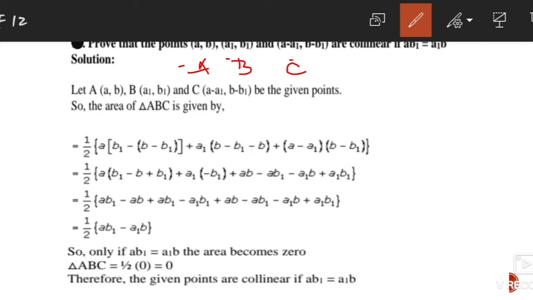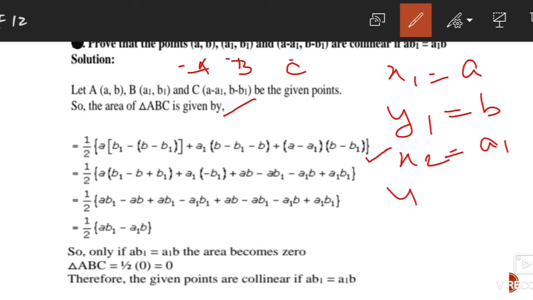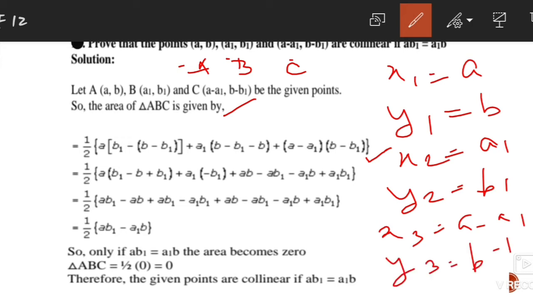So first of all, let us find the area of the triangle. The area of the triangle will be given by this expression. Here you will consider x1 as a, y1 as b, x2 as a1, y2 as b1, then x3 as a - a1, y3 as b - b1.